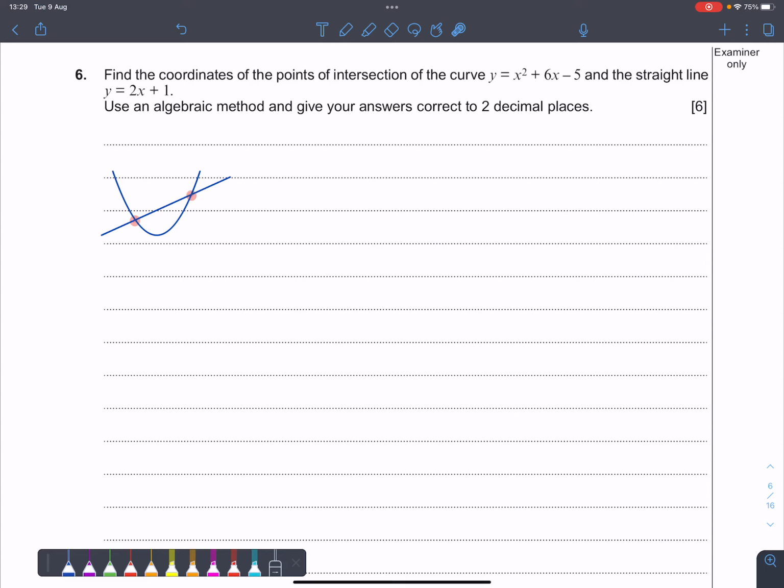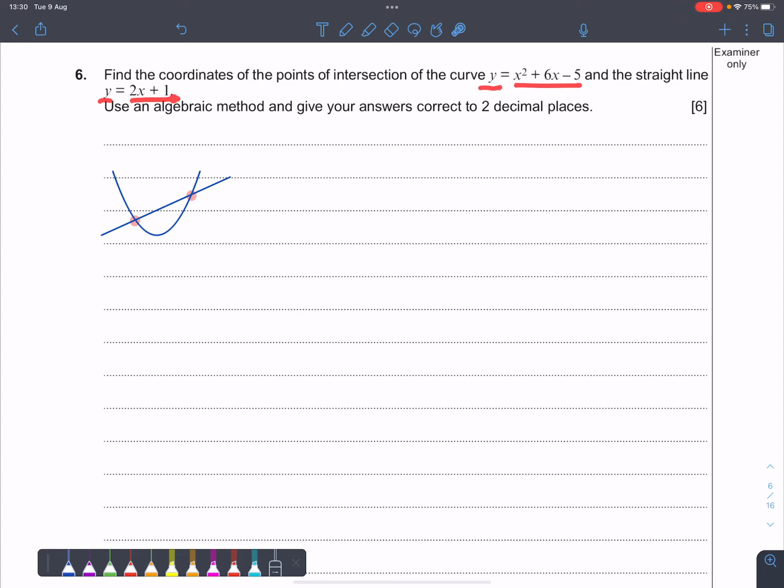So what we want to try and do is to find any possible values of x and y where the values are going to be the same. So I've got y equals this and y equals that expression.